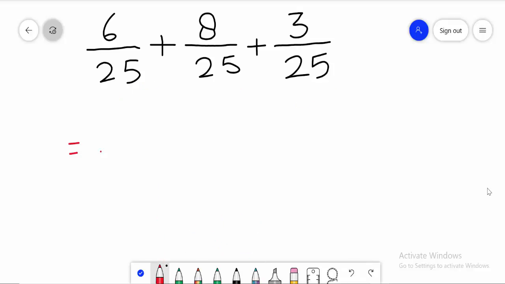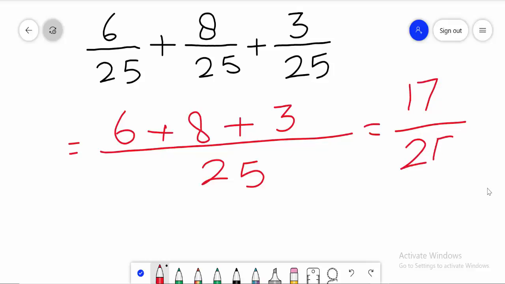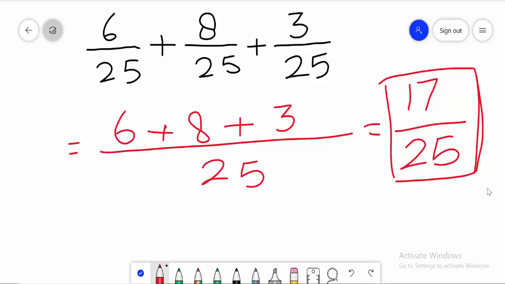When you have the same denominators, you write 25 over here, and just add 6 plus 8 plus 3. 6 and 8 is 14, plus 3 is 17 over 25. This is the answer of this fraction. So this is simple.